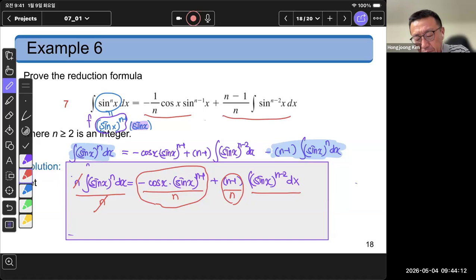So as I said in the beginning, if you want to apply the integration by parts, the first step and the only step which is very important is to identify f of x and g prime of x. And as I did, you may find an inappropriate function as your f of x.